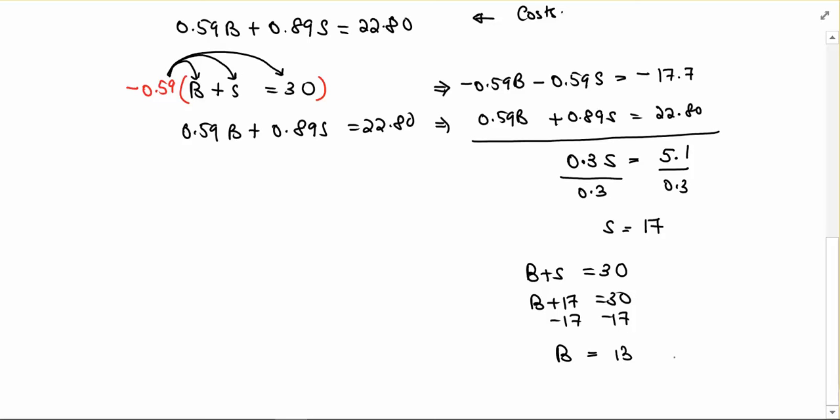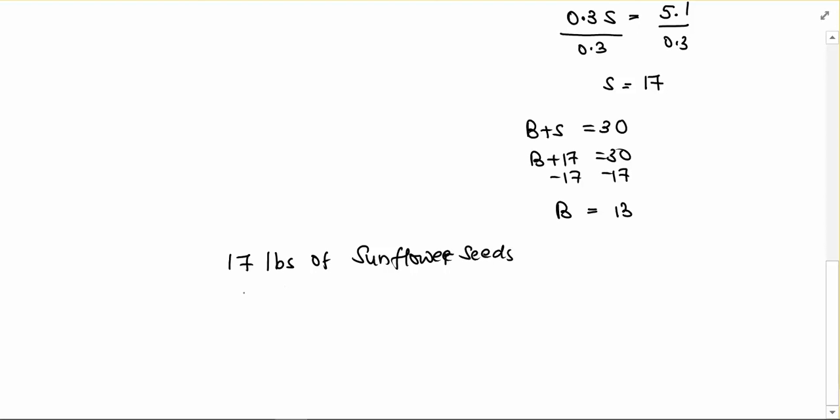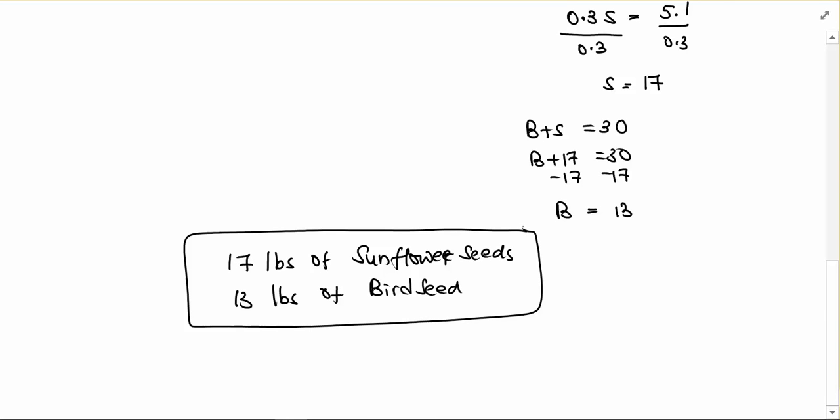Alright, so now I report answers. I would need 17 pounds of S, which is sunflower seeds. And I would need 13 pounds of birdseed. That's it.